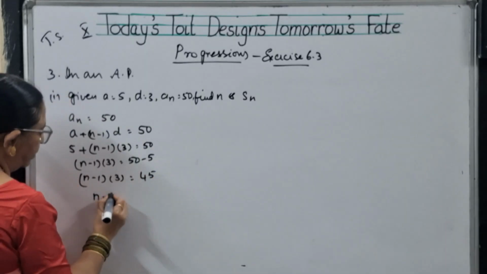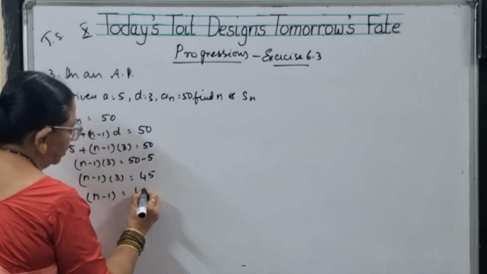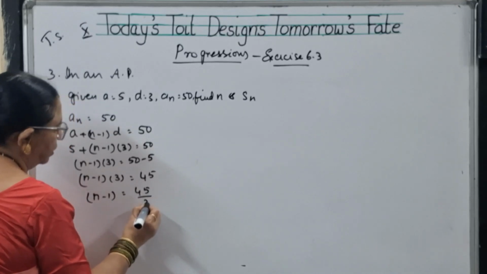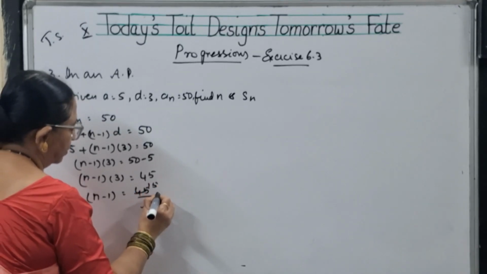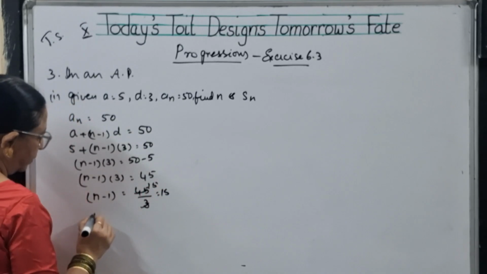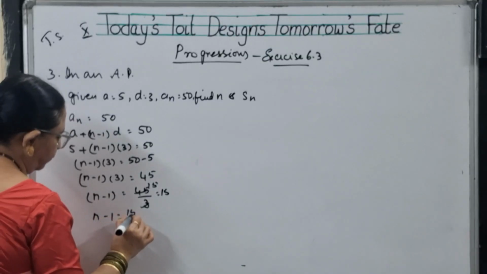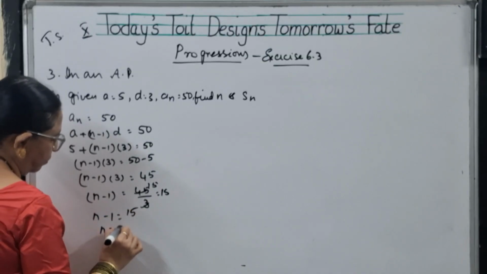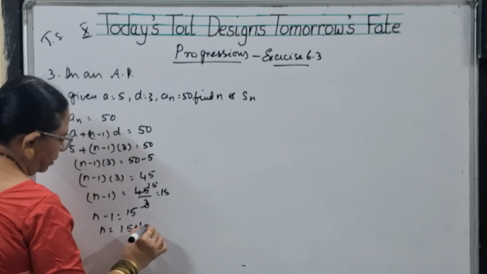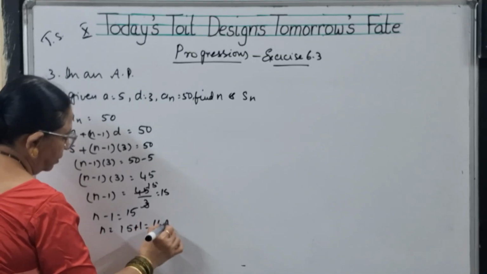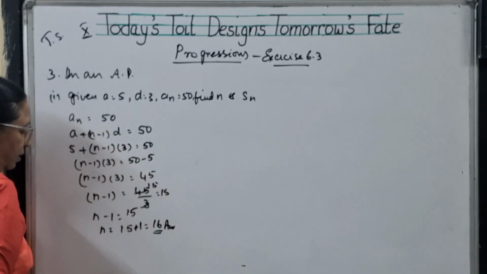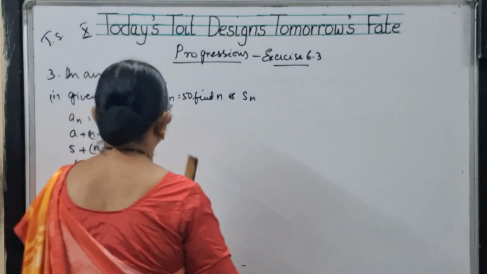So n minus 1 is 45 by 3, which is 15. So n minus 1 is equal to 15, means n is equal to 15 plus 1, that is 16. So n is equal to 16 is one answer that we have done.